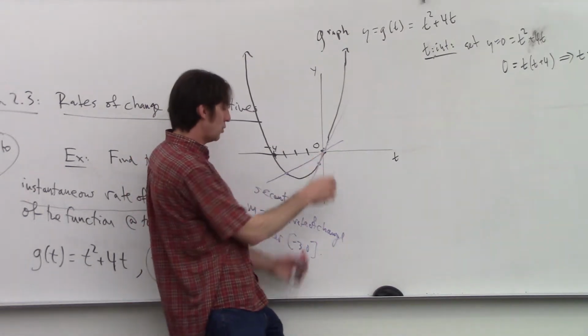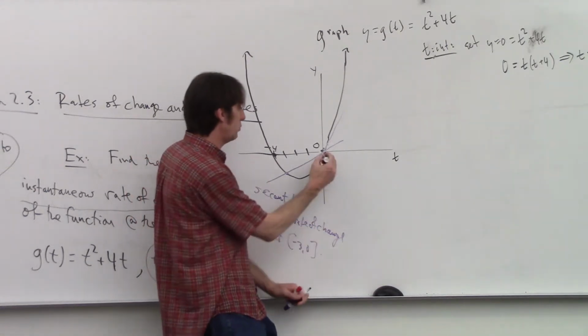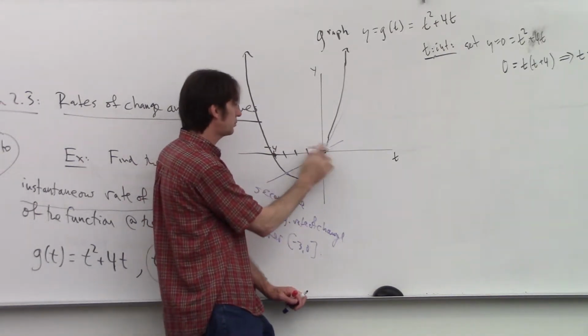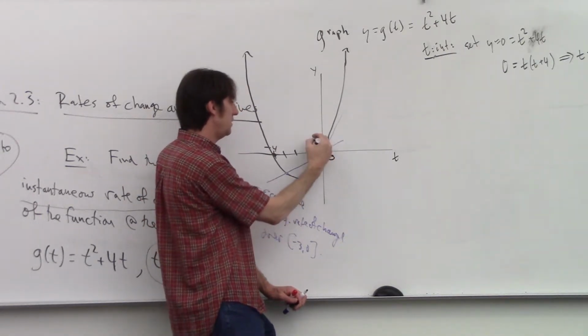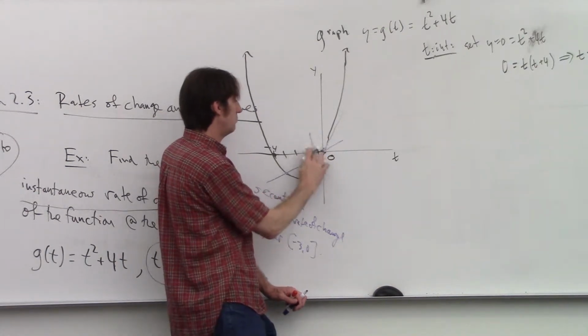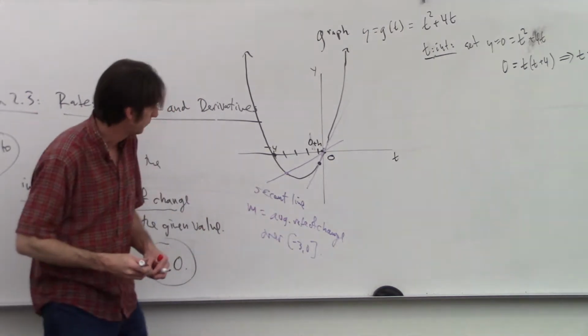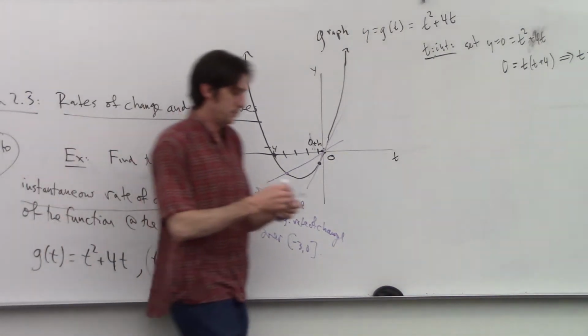All right, so in your book, the notation for this is a bit messy, but let's think about this location right here, this other point, as having t-value 0 plus h, okay? And so in this case, h is negative.